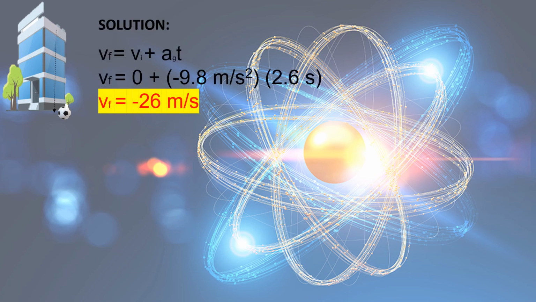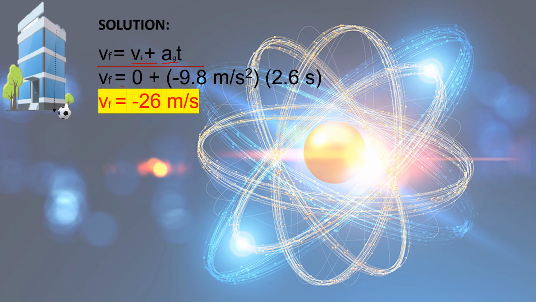So solution. To get the final velocity, we have to use the formula VF is equals to VI plus AGT. VF, that's the final velocity. VI, that's the initial velocity. And AG, the acceleration due to gravity. And T for the time.